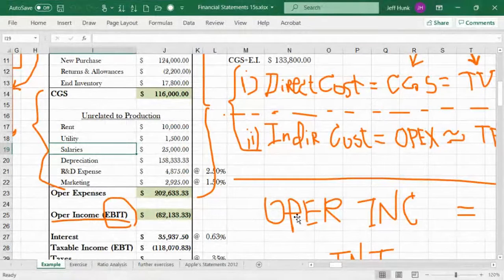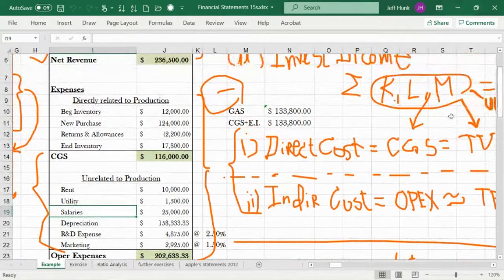So let's continue from where we left off in the last class. I think we were talking about the direct cost. I mean, we stopped there, I believe.